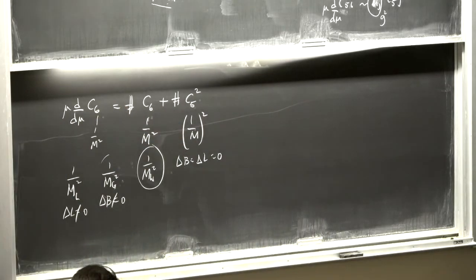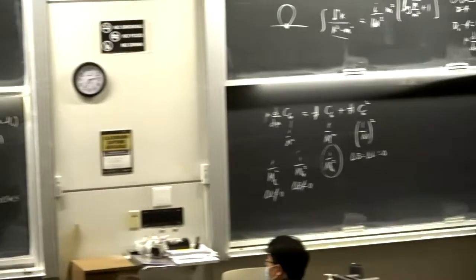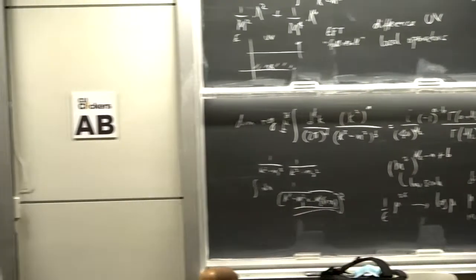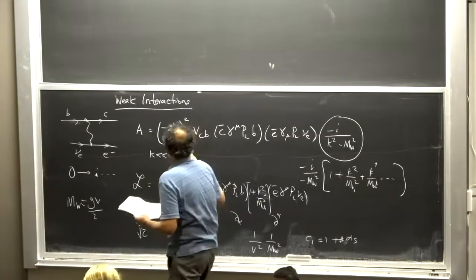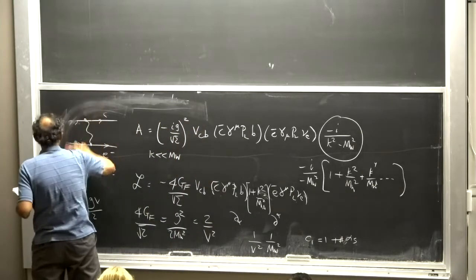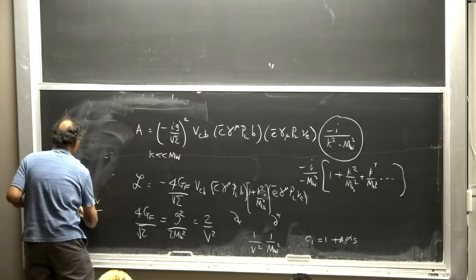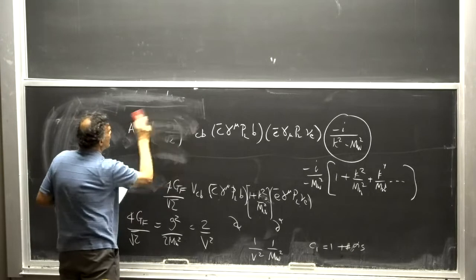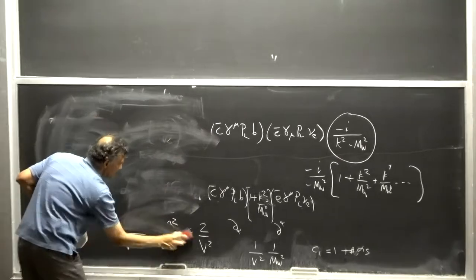Okay, so let me start again. So now I want to do a toy example. It's similar to the weak interactions, but I just don't want to deal with all the gamma matrices and propagators and everything else.